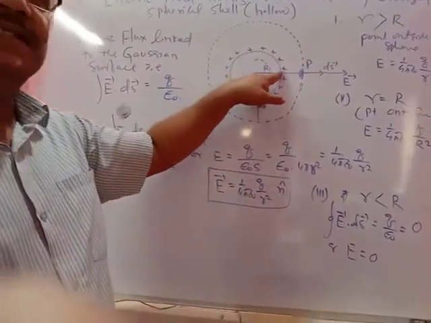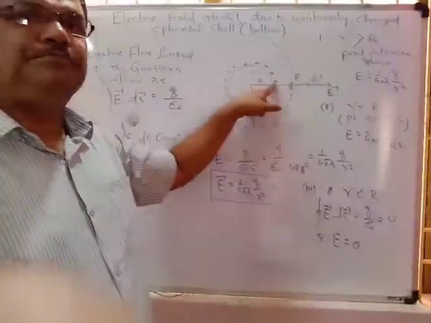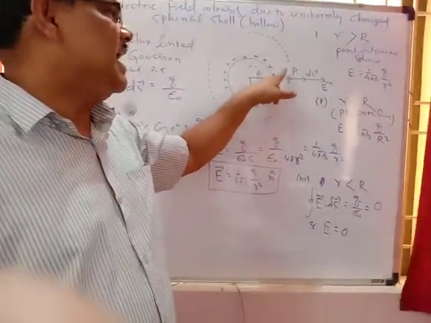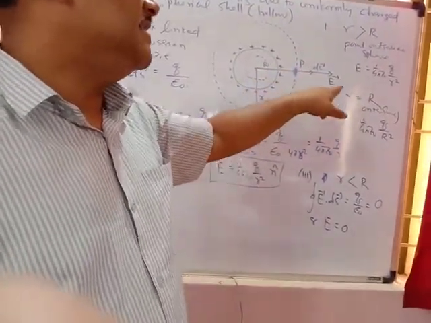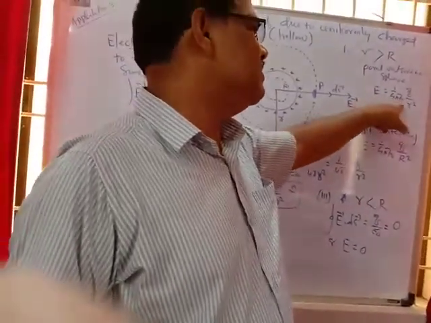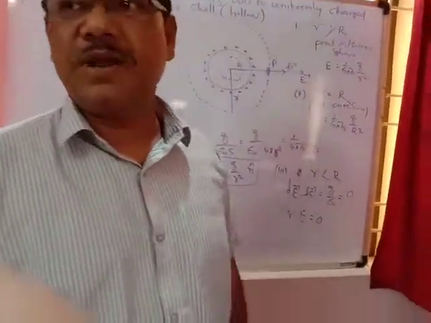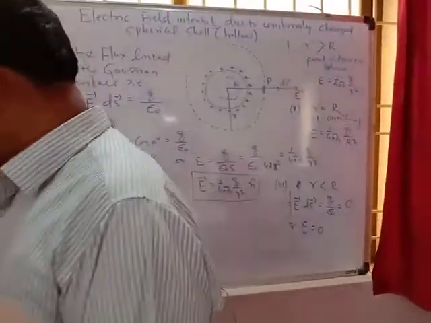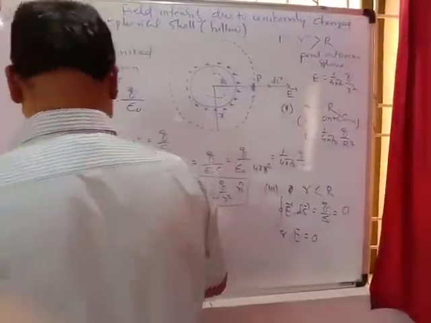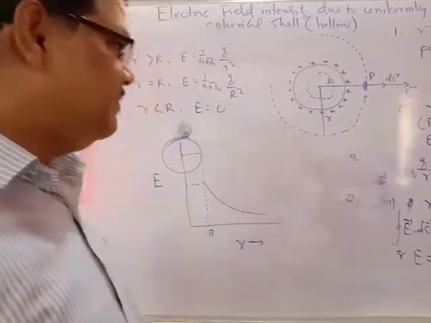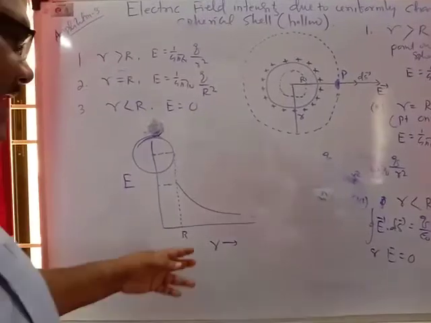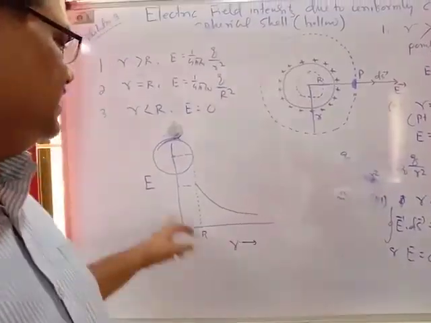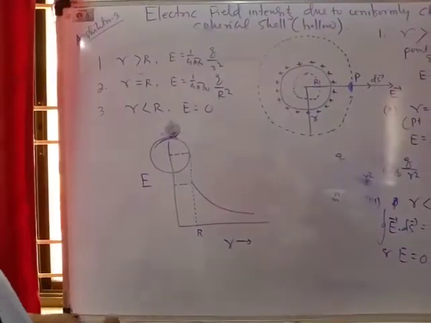Inside, the electric field intensity is 0. On the surface, the electric field intensity is maximum, and outside the surface the electric field intensity is E equals 1 upon 4 pi epsilon naught Q upon r squared. If you plot the graph between the electric field intensity E and r, what will be the condition?